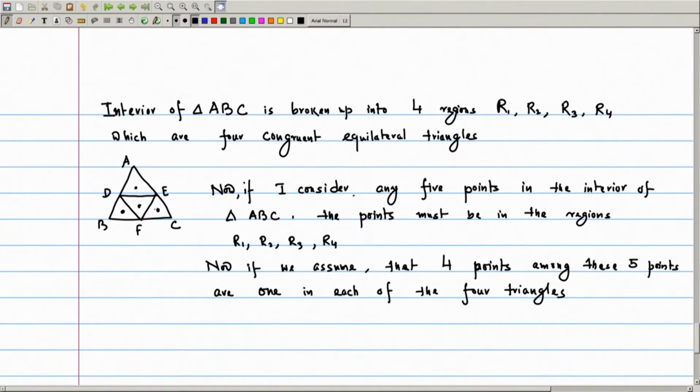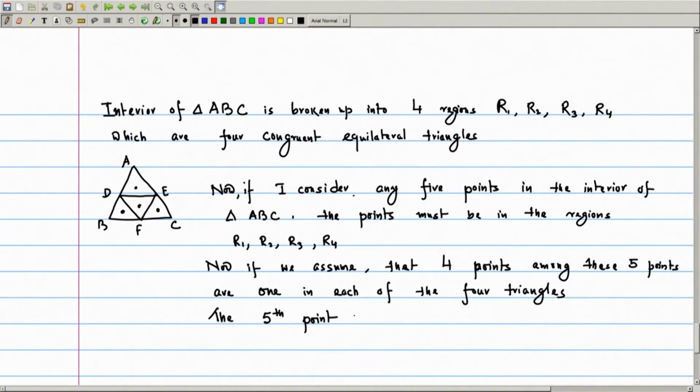So, the remaining fifth point, if we put it, must be in one of these 4 triangles.